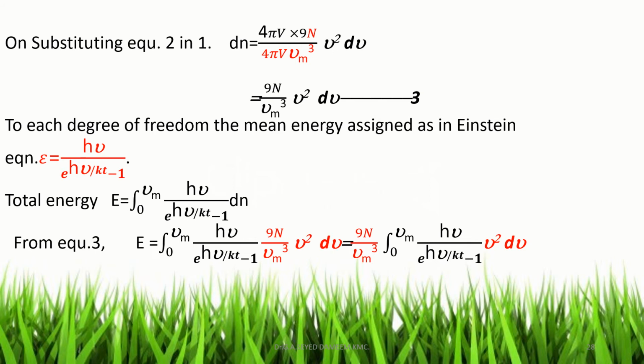We get E is equal to integral 0 to ν_m hν divided by e^(hν/kT) minus 1, and the value of dN is 9N divided by ν_m³, numerator ν² dν. On simplifying this equation, we get 9N divided by ν_m³ outside of the integral, and the integral 0 to ν_m hν divided by e^(hν/kT) minus 1, ν² dν.